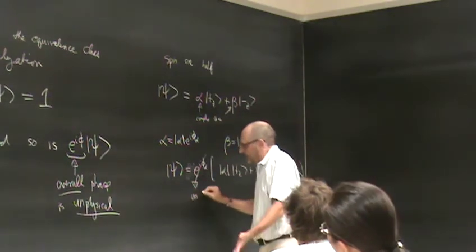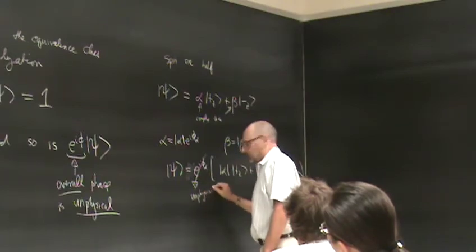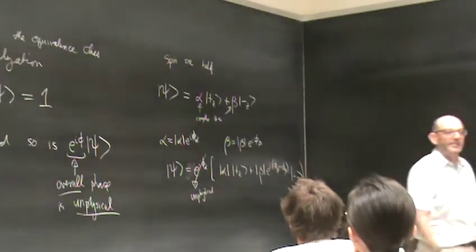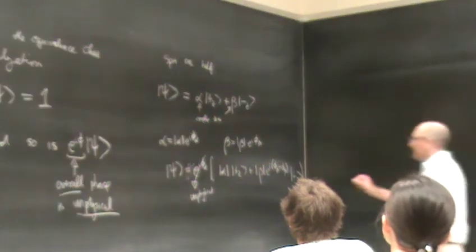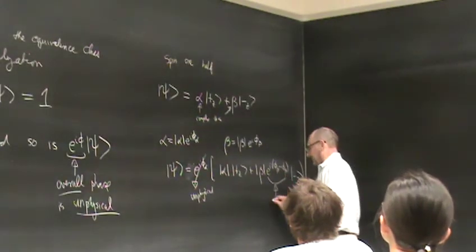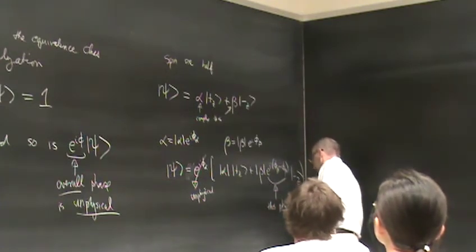I can set that phase to be 0 and set this factor to be 1, because the overall phase can be whatever I like. However, this relative phase matters. It's very physical.